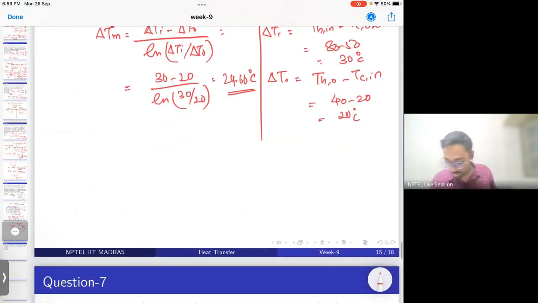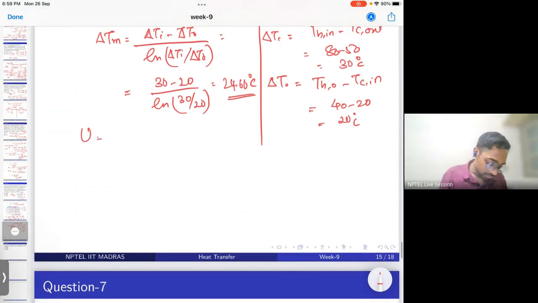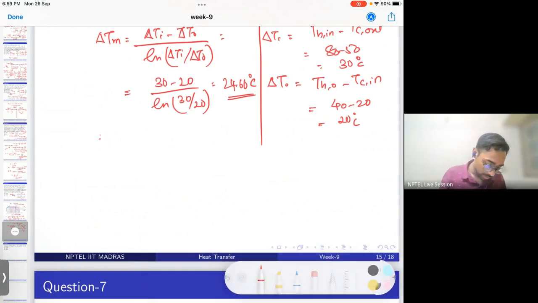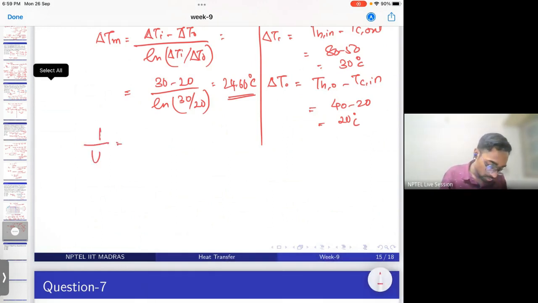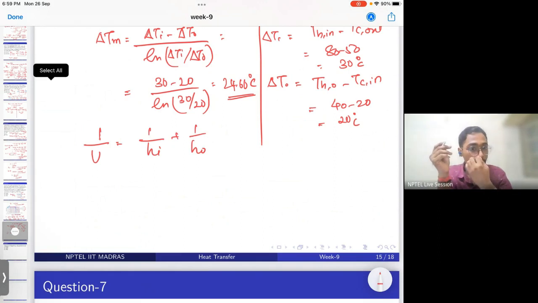Okay. So what is U? That is equal to, we know this expression we already found, 1 by Hi plus 1 by Ho. So here we are neglecting fouling.